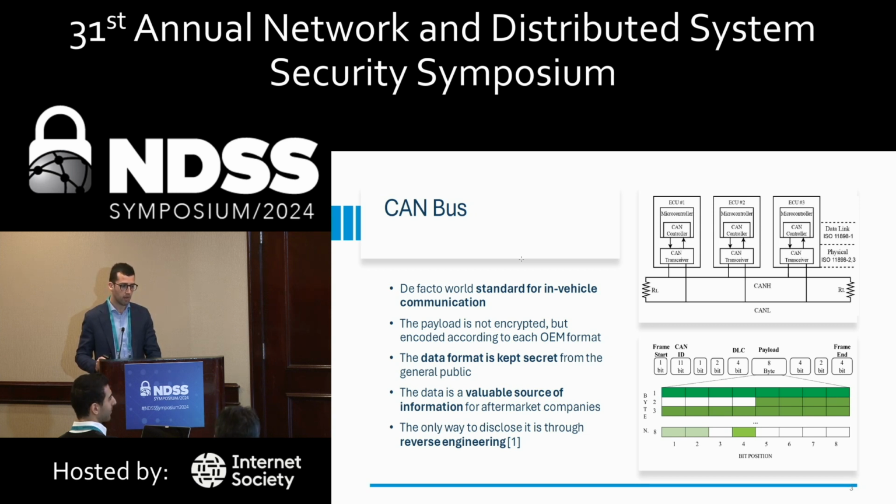Each OEM has its own format for the data. And this data is a valuable mine of information regarding the vehicle status. And therefore, if we want to retrieve this information, we need to apply reverse engineering.